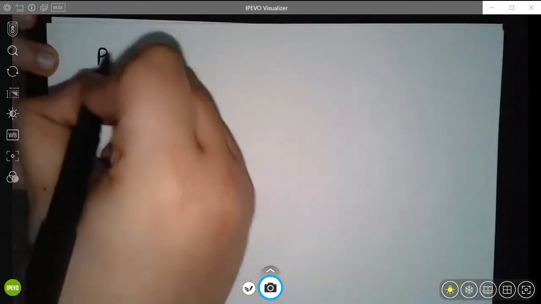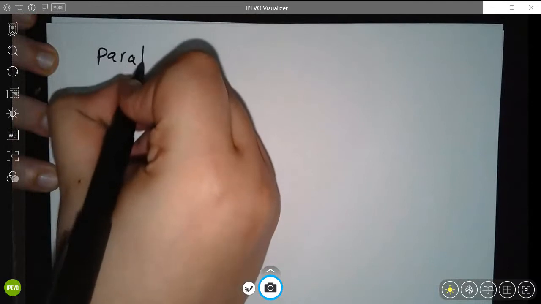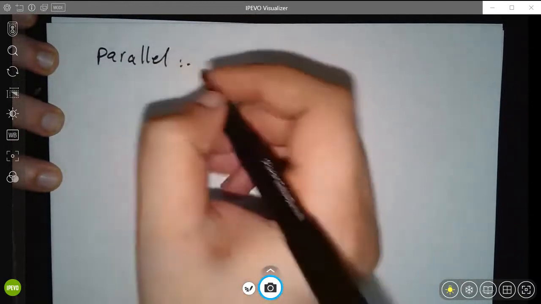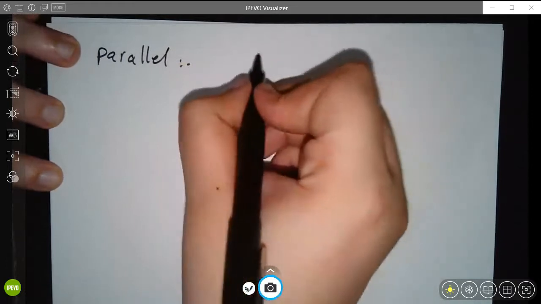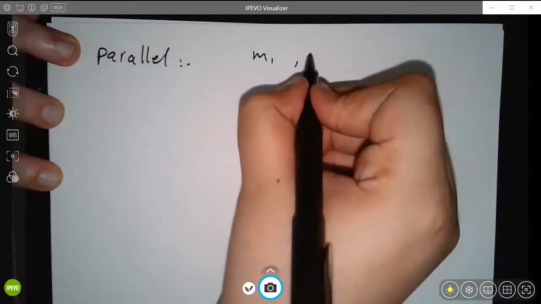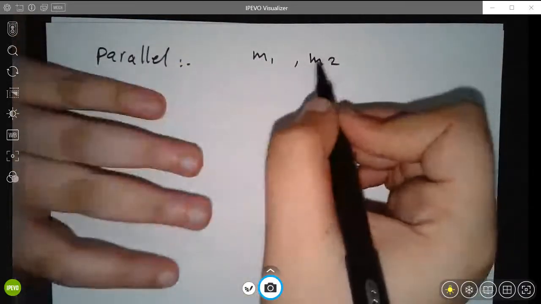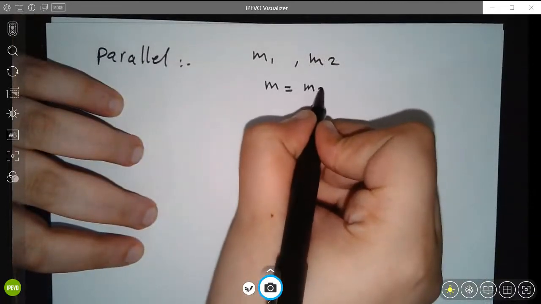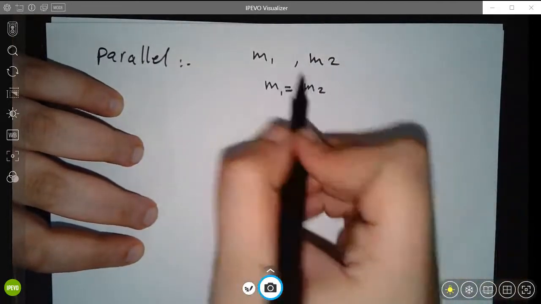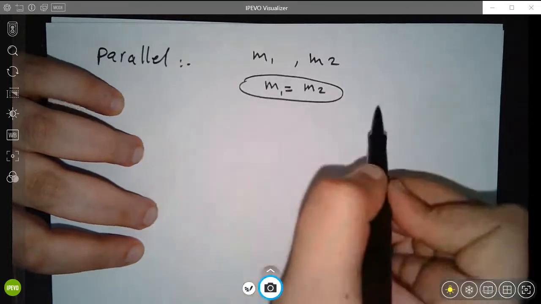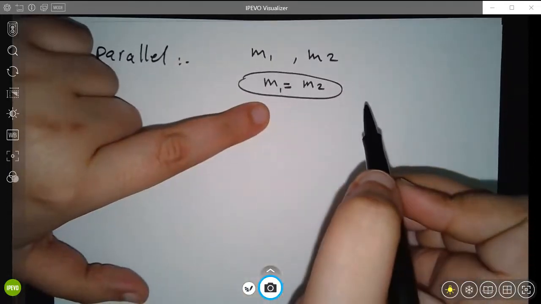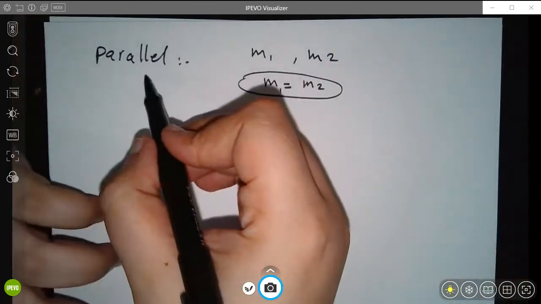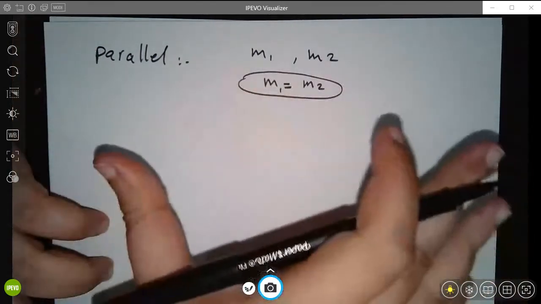So for parallel lines, if I give you two slopes, so that's m1 and m2, and I ask you to compare the two, they are going to be the same. Yes? So for parallel lines, the two slopes are going to be identical. Yeah? And that means that as far as the lines are concerned, they are never going to cross.